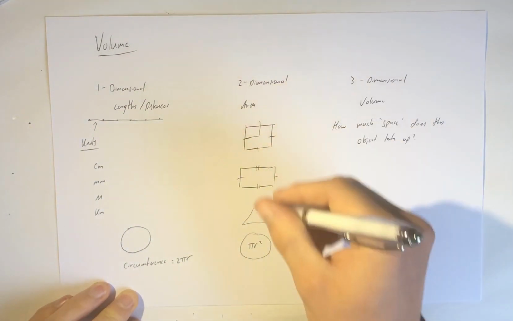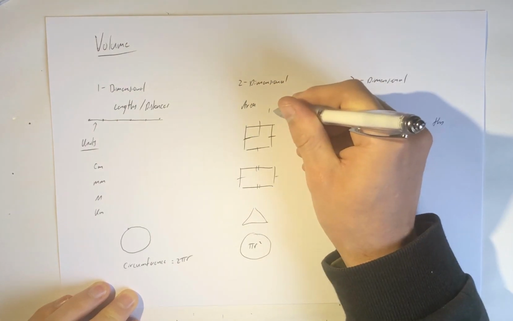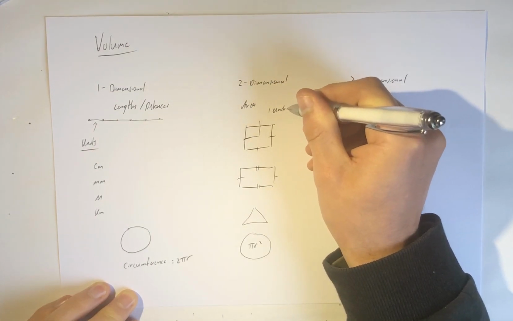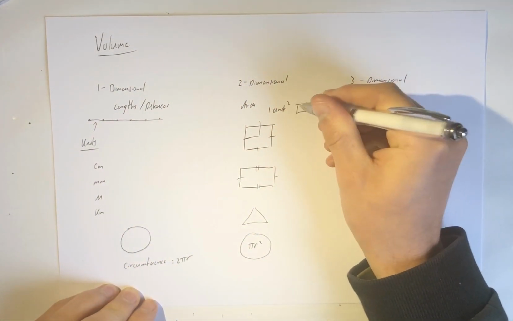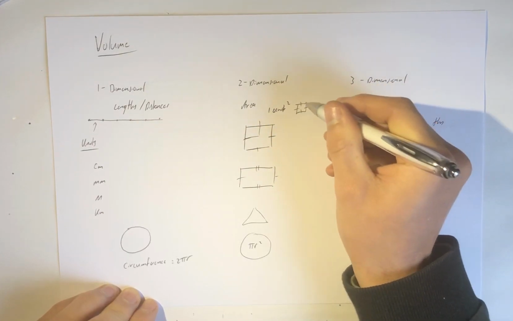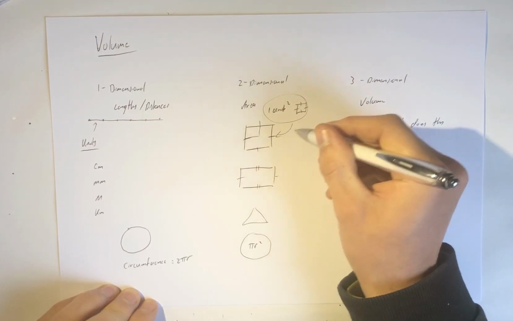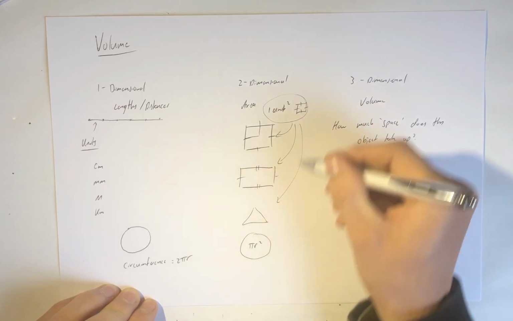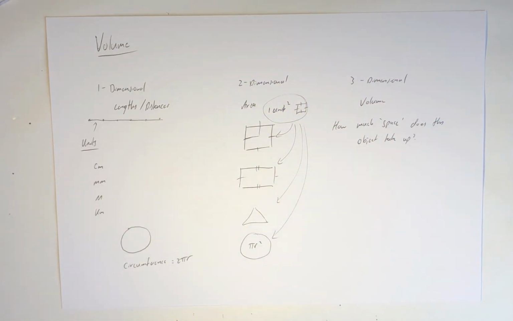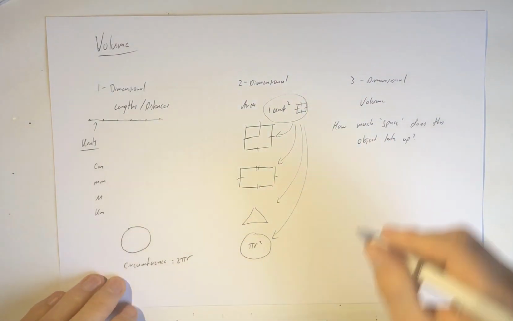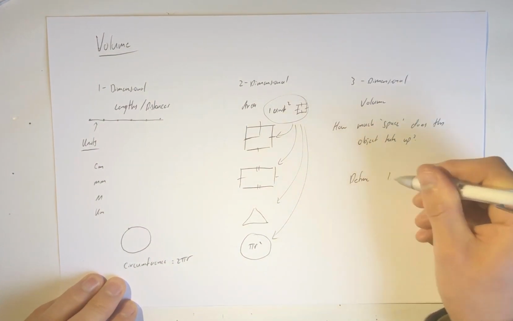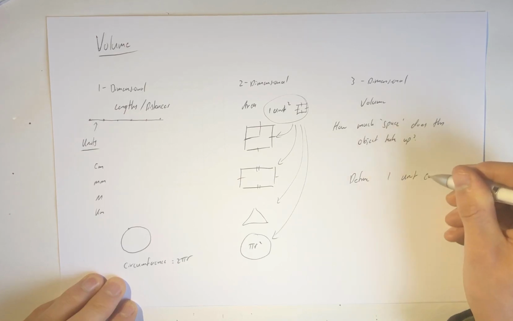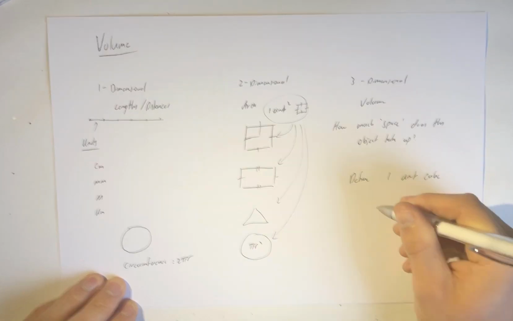area. We defined 1 unit squared as our measurement for area. So that was a 1 unit square. And then we asked how many of those unit squares went into each of our shapes. Okay, it's pretty similar for volume. So define 1 unit, and it's cubed now. 1 unit cubed.